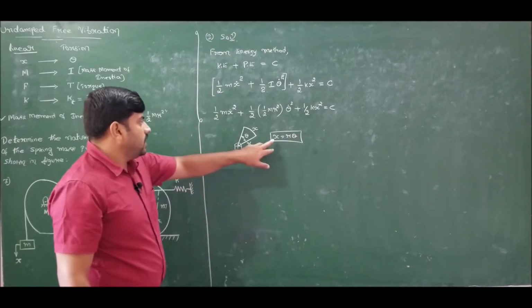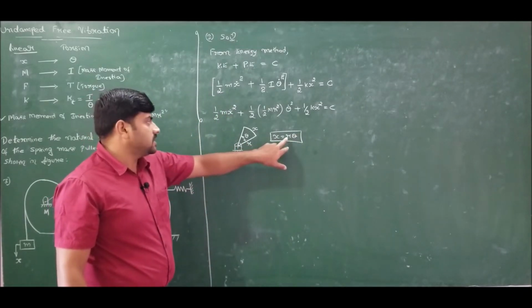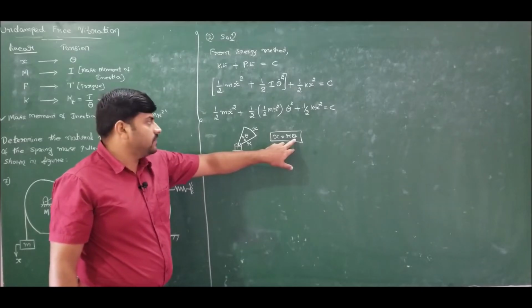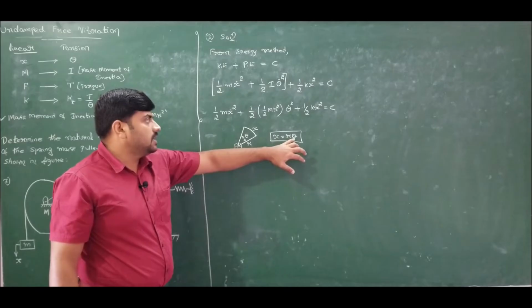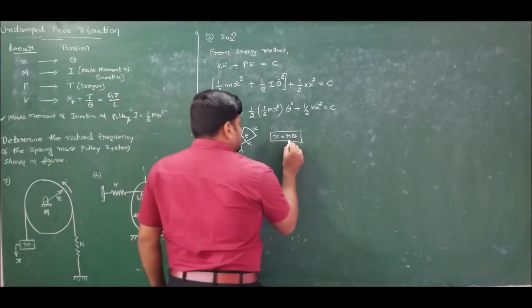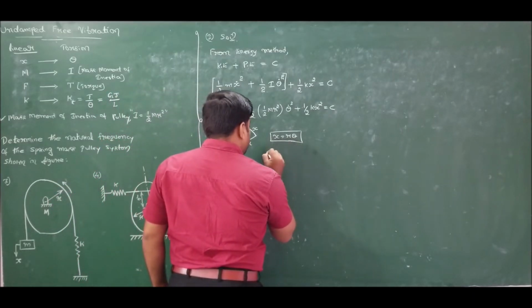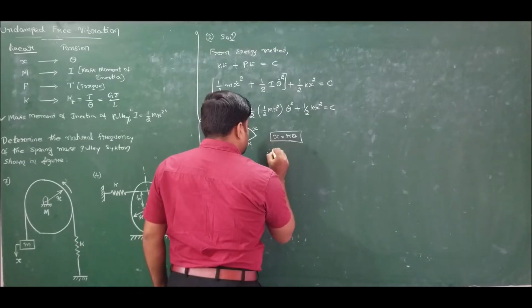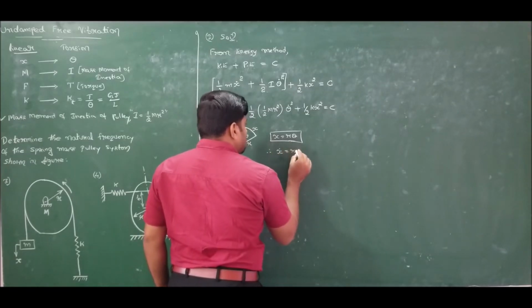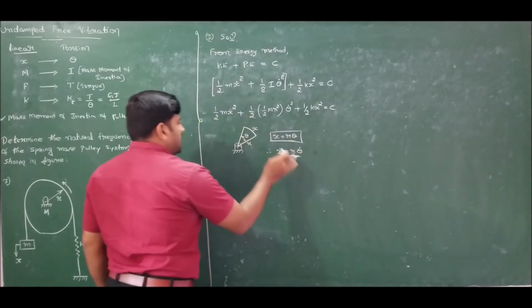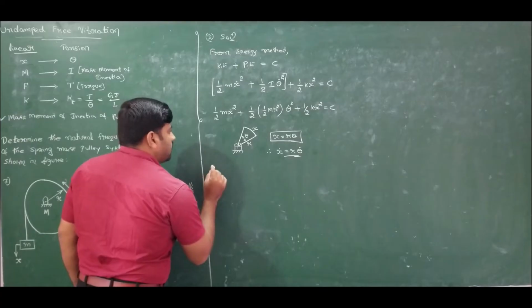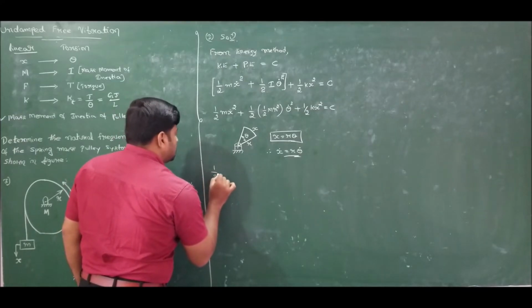Correct? Now what is the value of x dot? r is constant, differentiation of theta with respect to time will become theta dot. So x dot is nothing but r theta dot. Therefore dx by dt, that is x dot, will become r d theta by dt, that is theta dot. Now make the substitution, the simplification will become easier now.